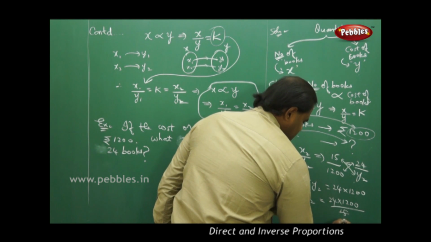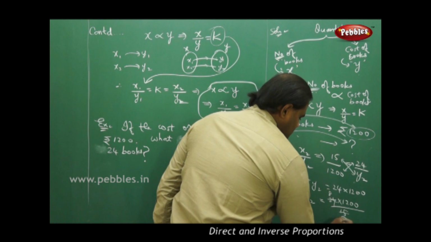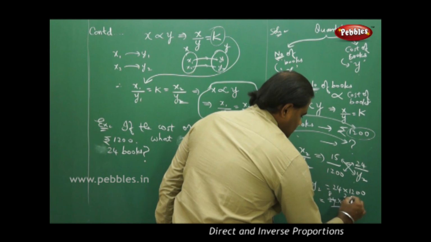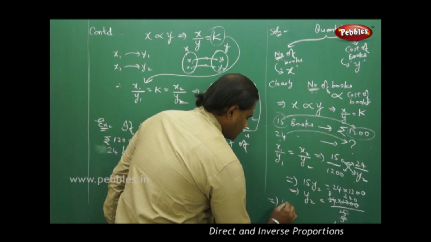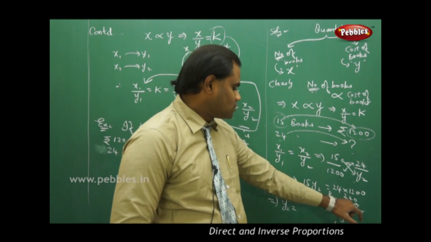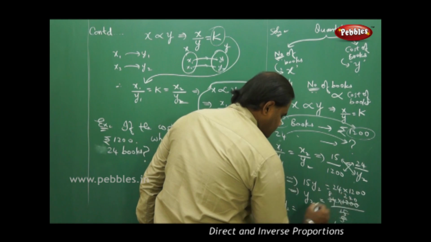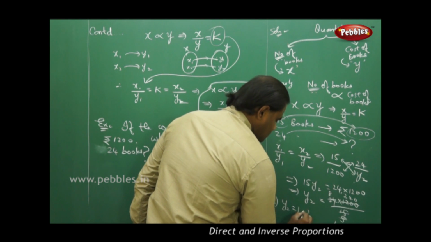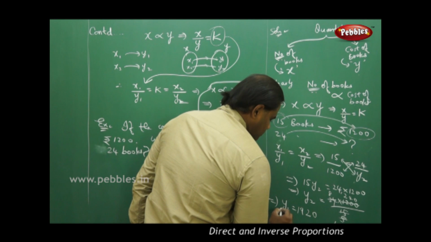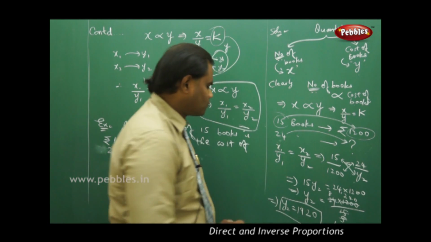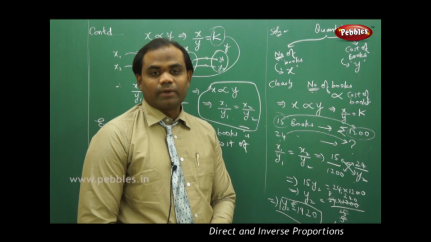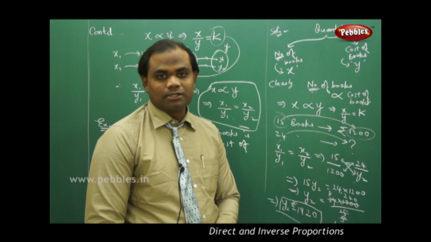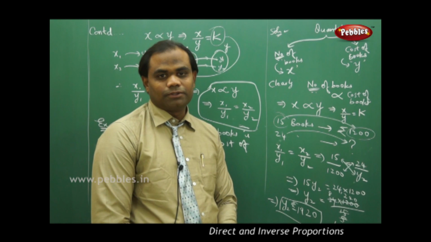On simplification, 3 5s are 15, 3 8s are 24, 5 1s are 5, 5 2s are 10, 5 4s are 20, which gives 240 times 8, 8 4s are 32, 8 2s are 16, 1920. Therefore, the cost of 24 books is rupees 1920, as I understand this problem through direct proportion.